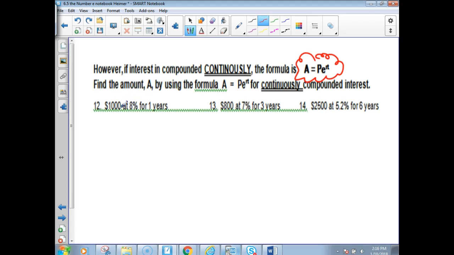Okay, so using the PERT, I'm going to do $1,000 times e to the 0.08. Now the exponent is the rate times the time, and that's 1 year. So we're just going to type 1,000 times e to the 0.08.